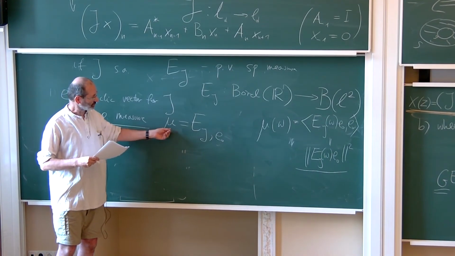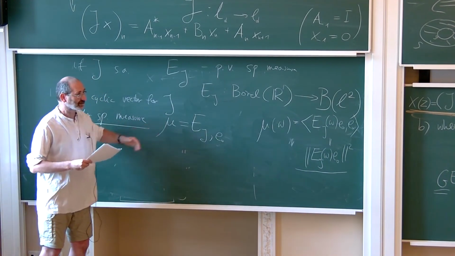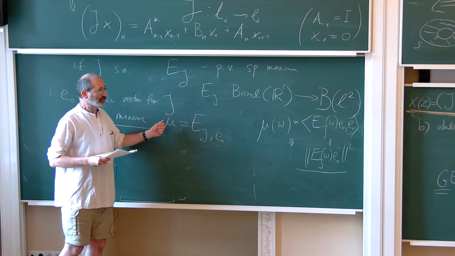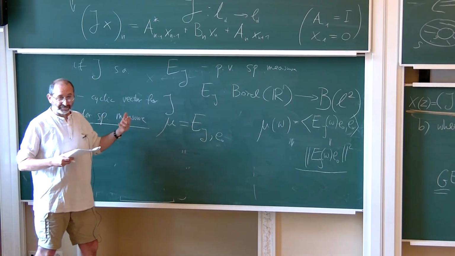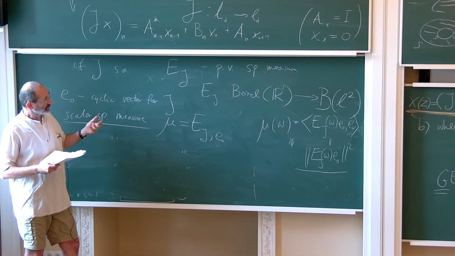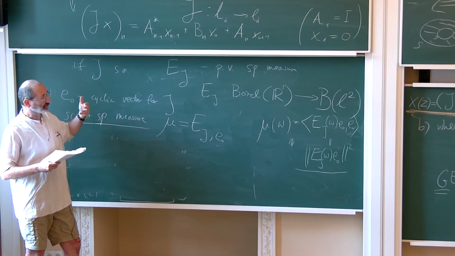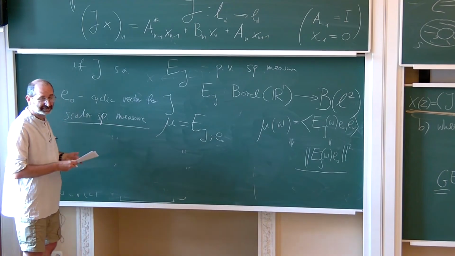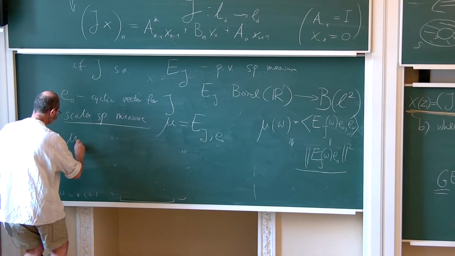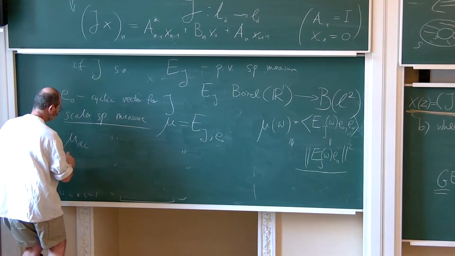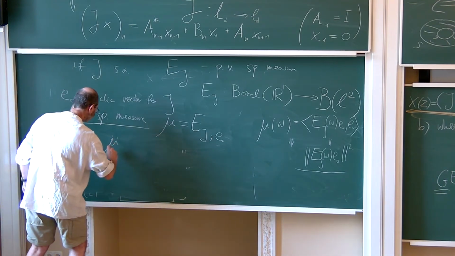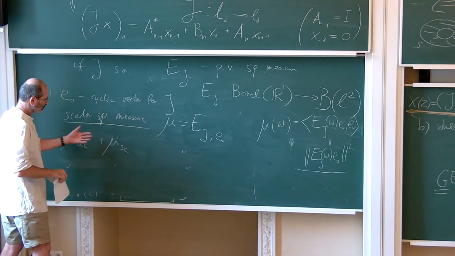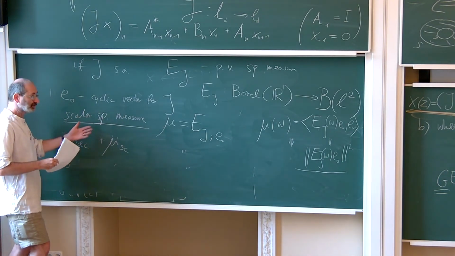So we can take those two parts and say that the absolutely continuous part is responsible for the absolutely continuous part of the operator and the singular continuous part for the singular continuous part of the operator. I will denote these parts A absolutely continuous, AC, and A singular continuous. And these are two parts which are singular one to the other.